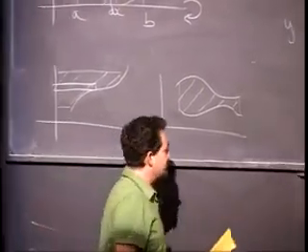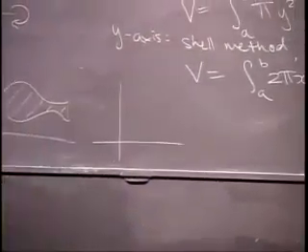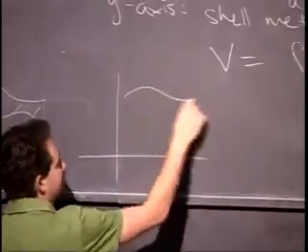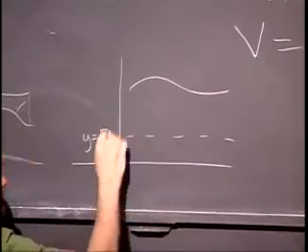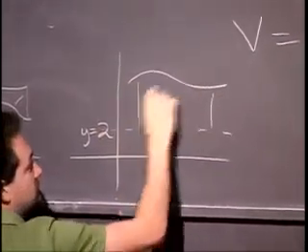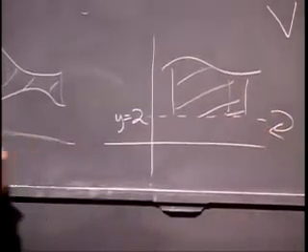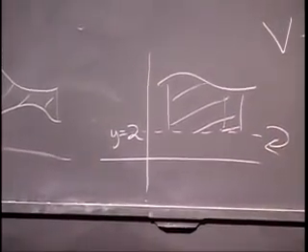And the third variation is that the axis need not be the x-axis. It could be some other axis, like, say, the line y equals 2, for example. So suppose the area only goes down to y equals 2, and we're revolving about that. Or similarly, some other line parallel to the y-axis.